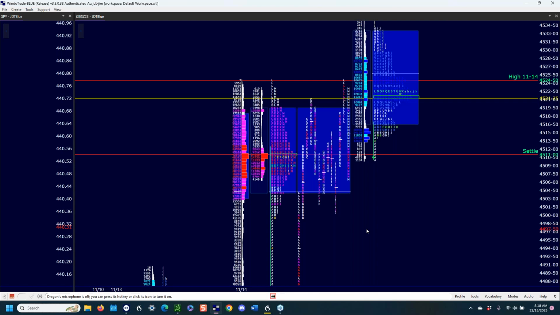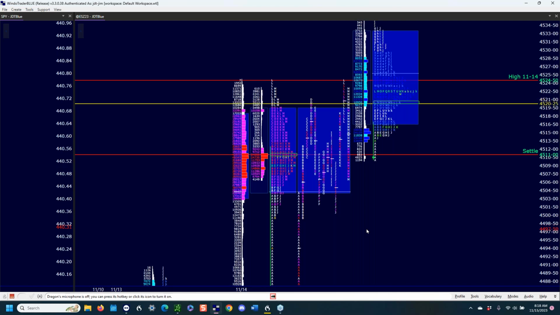I use the continuous chart. But remember, I look at the daily, the weekly, the monthly, just to see what's going on. And I don't make a science out of it. I just want to have a good idea of what's going on.